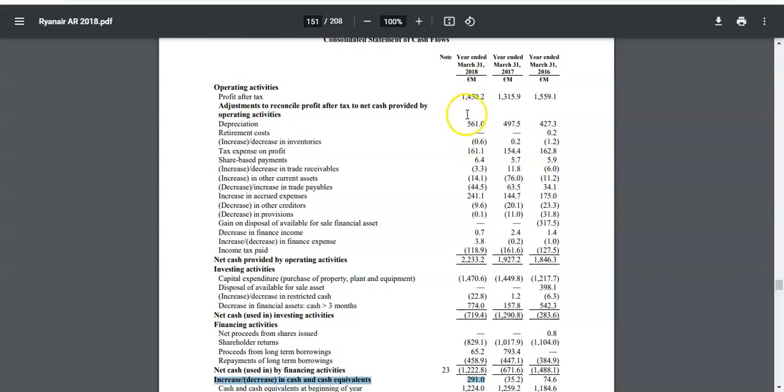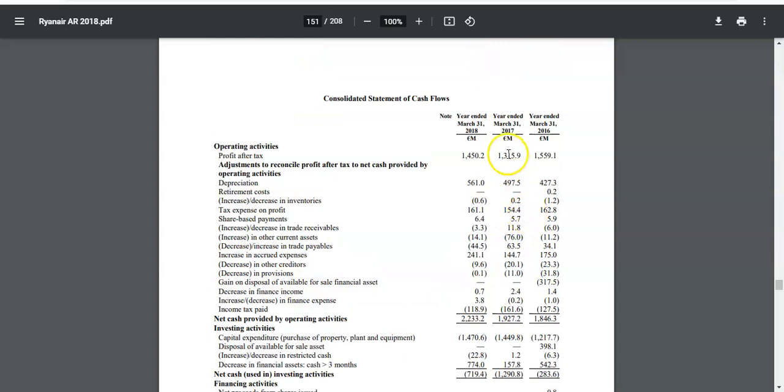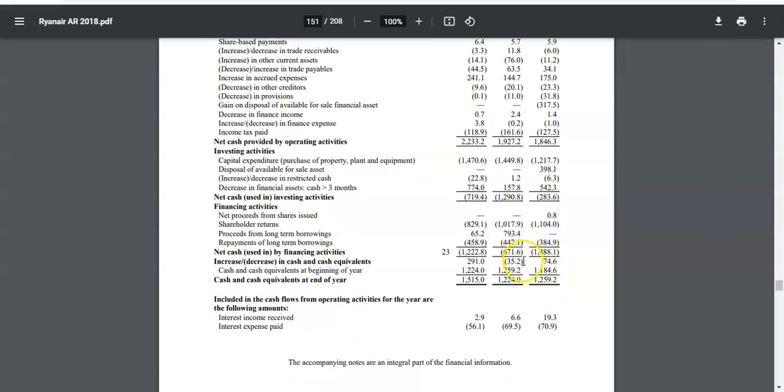So even though you started with the 1.4 billion profits, you only increased your cash pile by 291. And if you look at last year, you made 1.3 billion profits and you actually reduced cash overall. Cash went down by 35 million. That's the net increase or decrease. That's the opening balance of cash. That's the closing balance of cash.